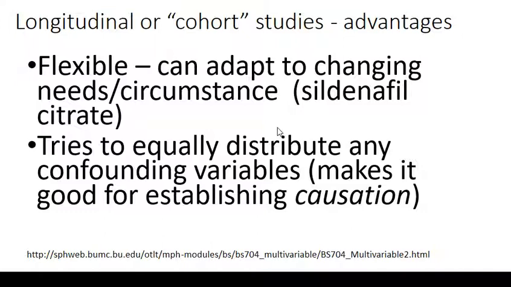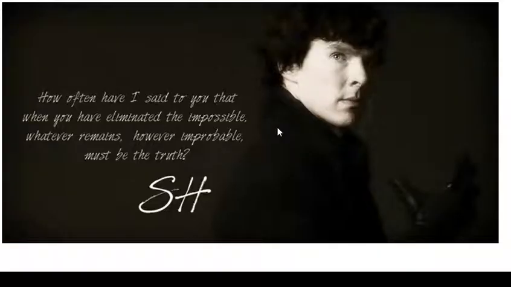So that makes it really good for determining a cause and effect relationship, is that you've eliminated all these possible confounding variables. So, is anyone a fan of Benedict Cumberbatch, Sherlock Holmes? Or just going back to Sir Arthur Conan Doyle, says, how often have I said that when you've eliminated the impossible, whatever remains, however improbable, must be the truth.